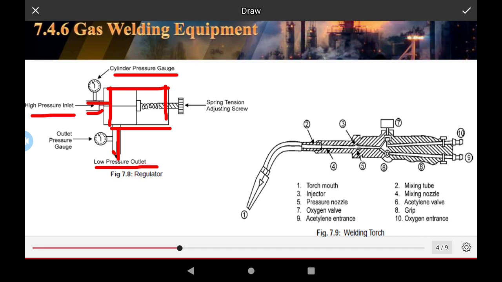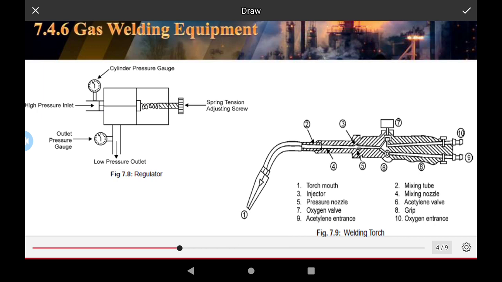This is the outlet pressure gauge and its reading, and the spring tension adjusting screw. This is the spring, which stores energy, with the tension adjusting screw.